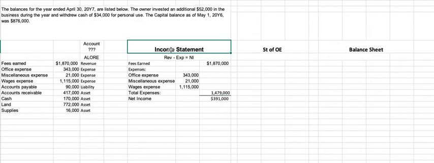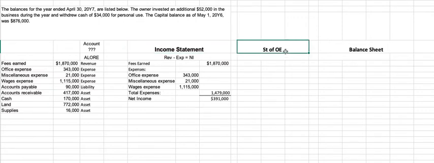And remember, the income statement is for a period of time, and so this is for the end of the year, and this is our income statement. The next statement we will create is the statement of owner's equity. Now, the formula for the statement of owner's equity is the longest formula, even though the statement is the smallest statement.